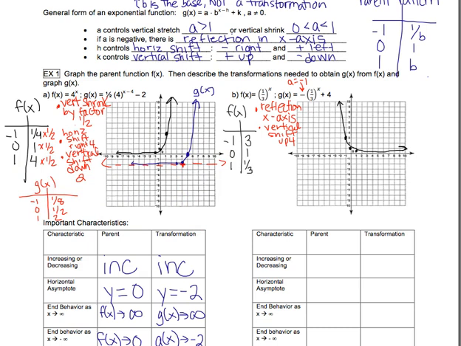So now I'm going to plot my little plus sign. In this case, I only have one shift and it's up 4. So my little start point is going to go right here. Remember what I said on the last one, that wherever you draw your plus sign, right through it, you can draw your horizontal asymptote. That is where it's always going to go.